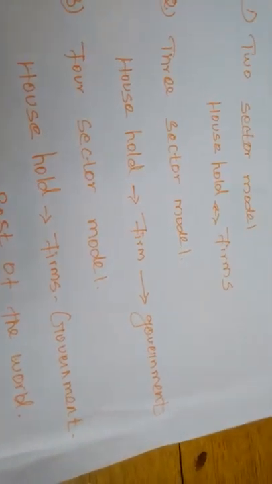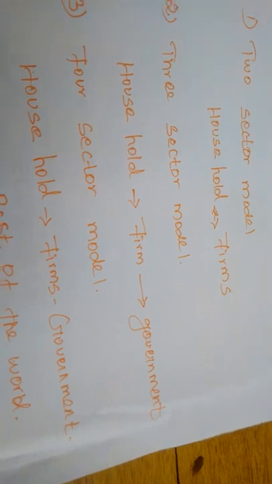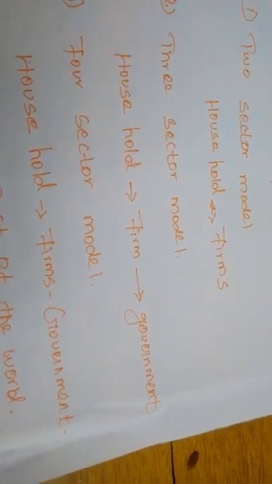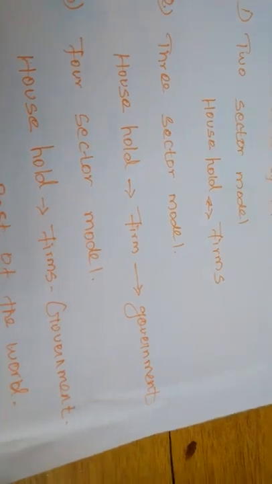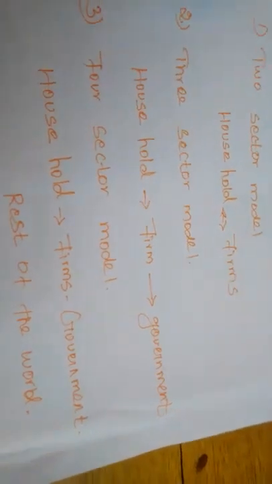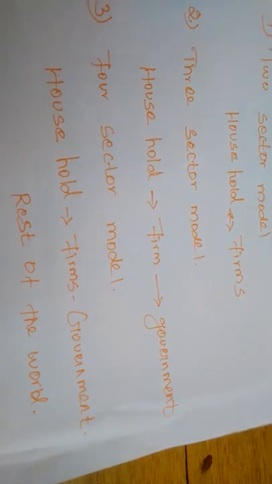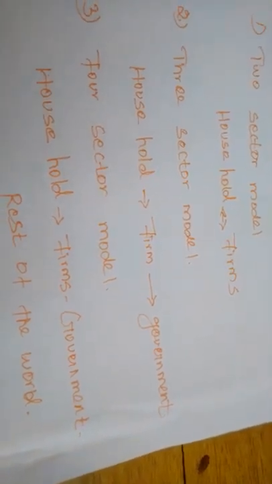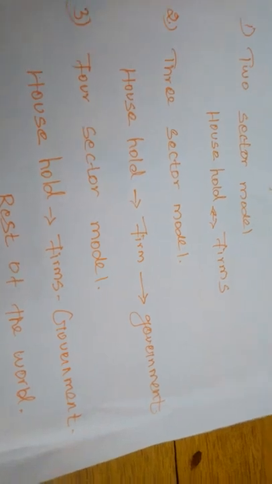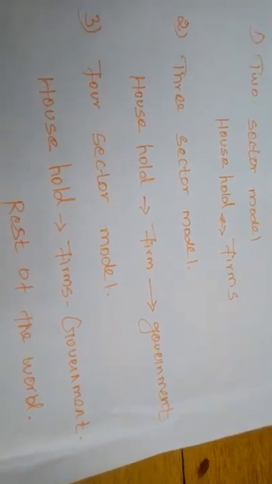For example, consider the firms. What will the firms need? The firms need the factors of production. How will the firms collect the factors of production? From the household only.